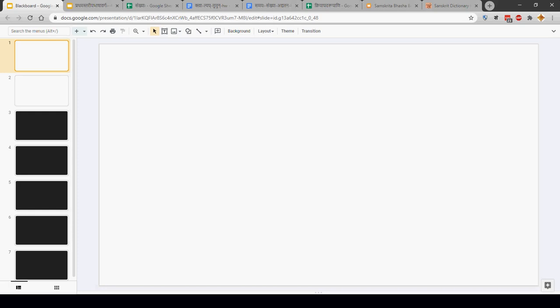This numbers topic is a little bit tricky, not that much, but once we understand it. Let's start with the simple 1. 1, 2, 3, 4, 5, 6, and so on. For 1 we have Eka, which is a base word.